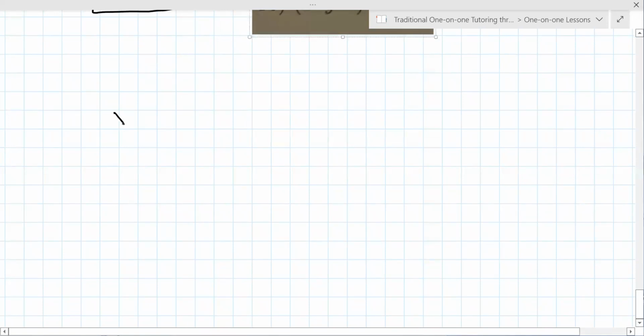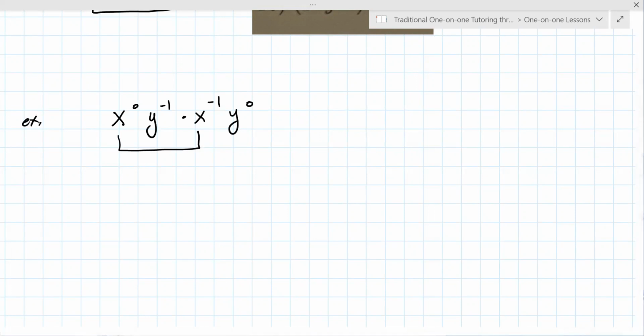What is x to the 0, y to the -1, x to the -1, y to the 0? So when the bases are the same, what do you do to the exponents? You combine them. Okay, what math operation do you use to combine them?